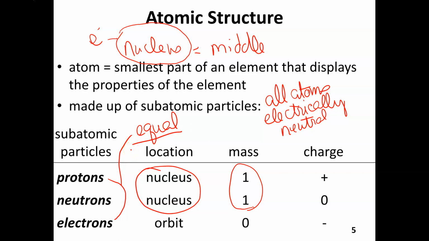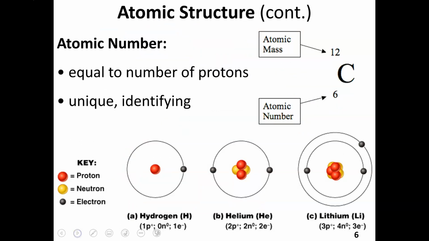All right? So the atomic number is equal to the number of protons in an atom. As an example, carbon has an atomic number of 6, which means there are 6 protons in carbon.